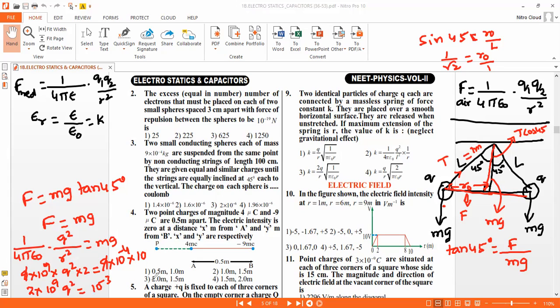So q square is equal to 10 power minus 12 by 2. Upon calculation we'll get 1.4 times 10 power minus 6 coulomb. That is option 1.